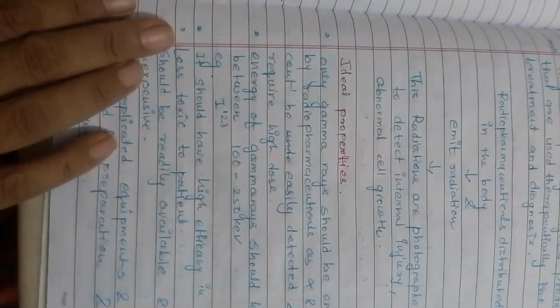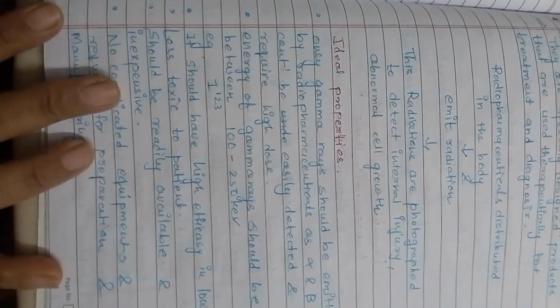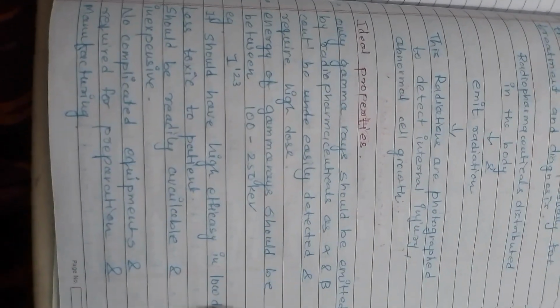So, in low dose, it should produce the required therapeutic action. It should be less toxic to the patient, readily available and inexpensive. If it is not readily available or is costly, it cannot reach the market or normal people.